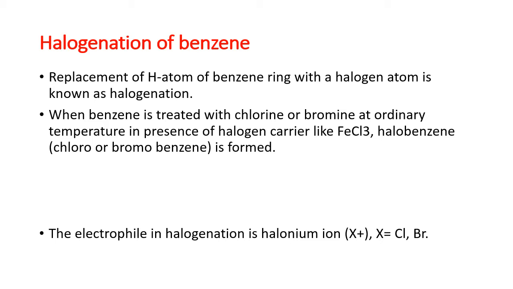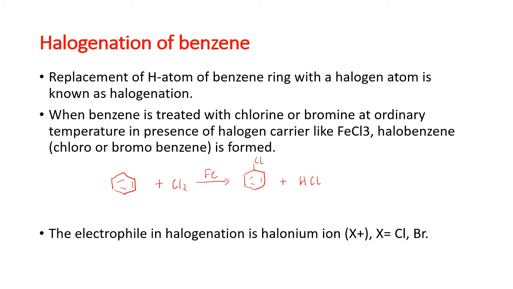For example, when benzene is treated with chlorine in the presence of iron, we get chlorobenzene. And the extent of halogenation depends upon the amount of halogen added.